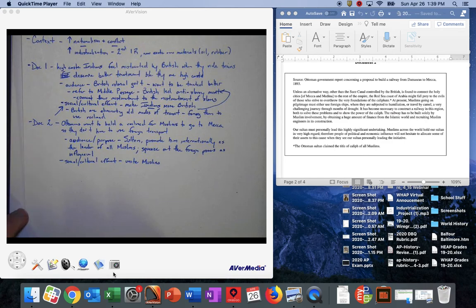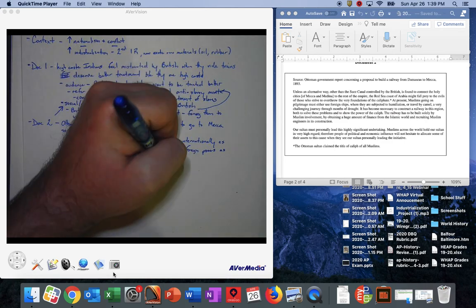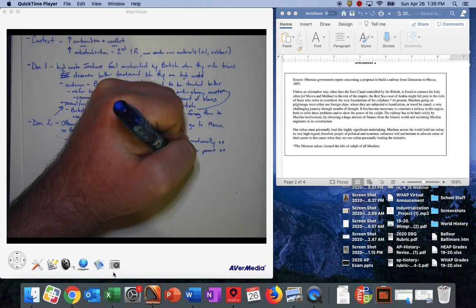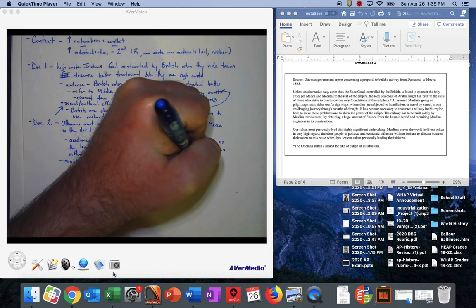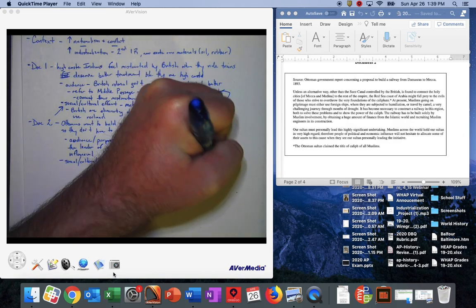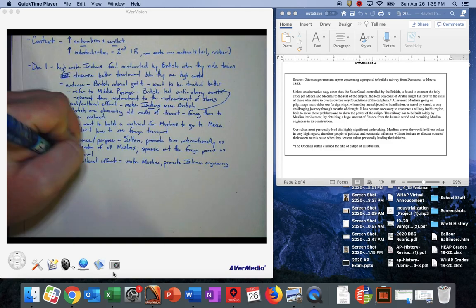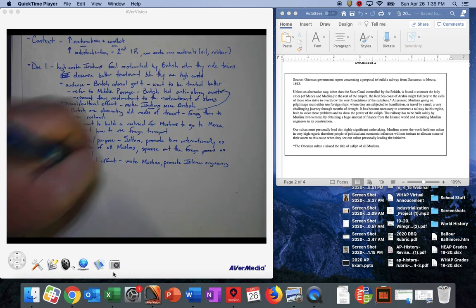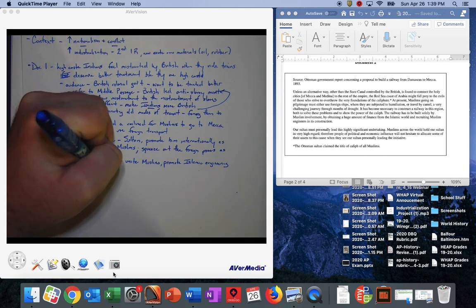That's what we want to do. We want to unite the Muslims. We want to promote an Islamic engineering project to counter the Europeans.